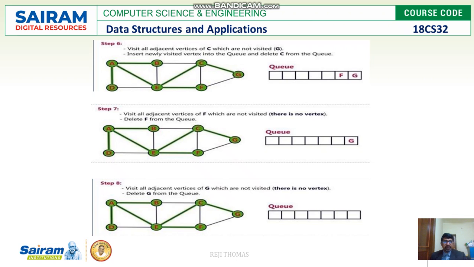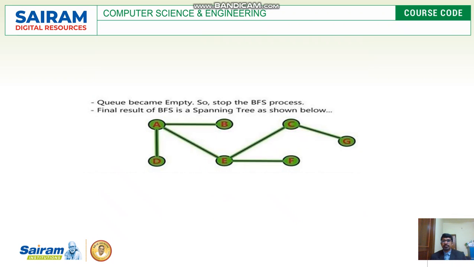So I take G out of the queue. When I take out the last node from the queue, I get my BFS, which is A, B, D, E, F, C, and G. This is the BFS traversal order.